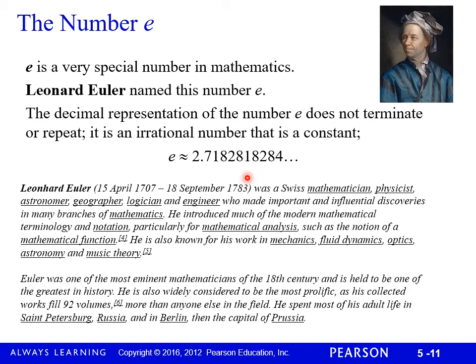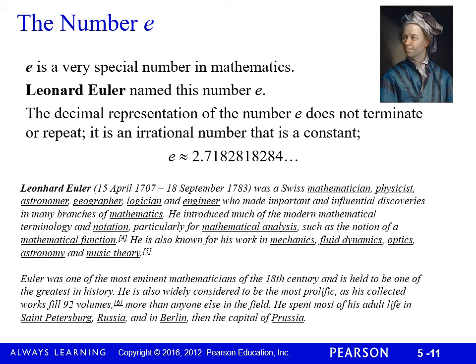And he didn't have a TI-84 like you do, and yet he was able to figure out that this base was constant in a lot of exponential growth happening across different fields of study, from engineering to mathematics to finance to biology. He is one of the most prolific mathematicians, although most people don't know of him outside of the field of math, because he published more than almost anyone else.